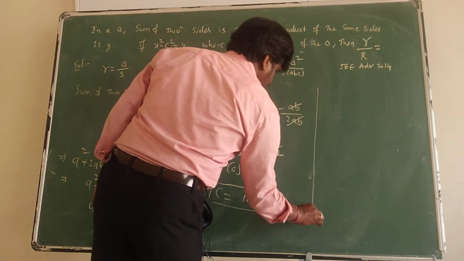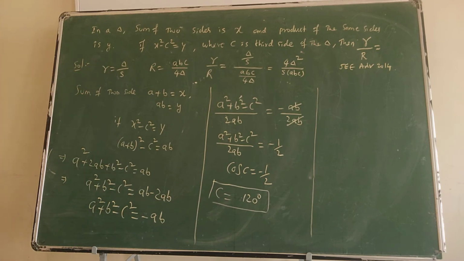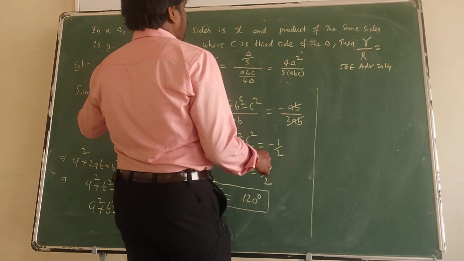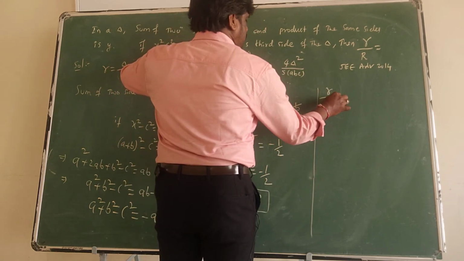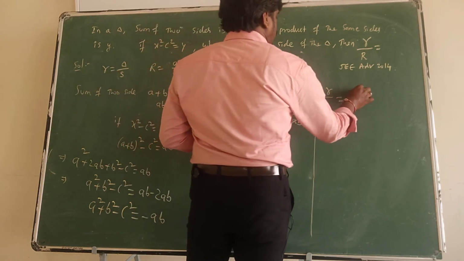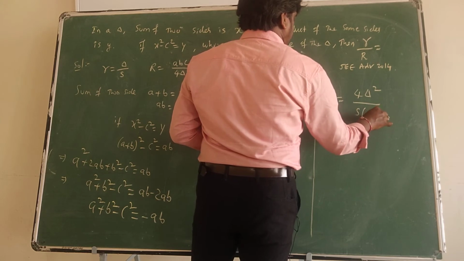What do you need to find here? r is equal to delta by s, which means you have to find the area. First, note down this: what you have to find is r by capital R, and you got that as 4 delta squared upon s into abc.